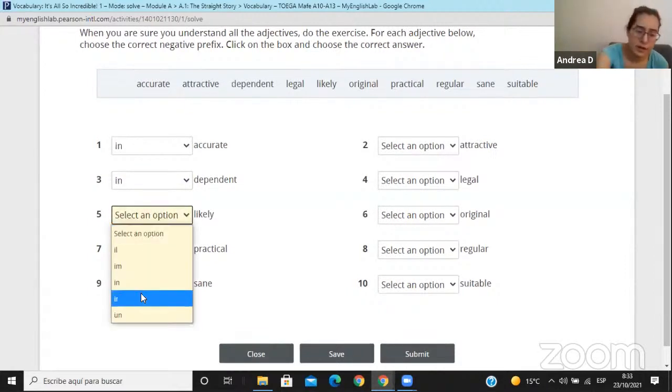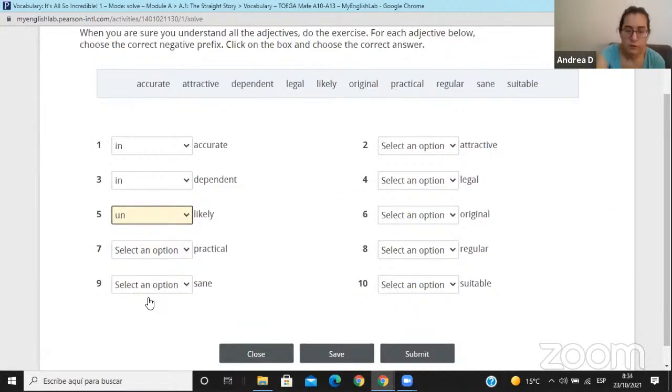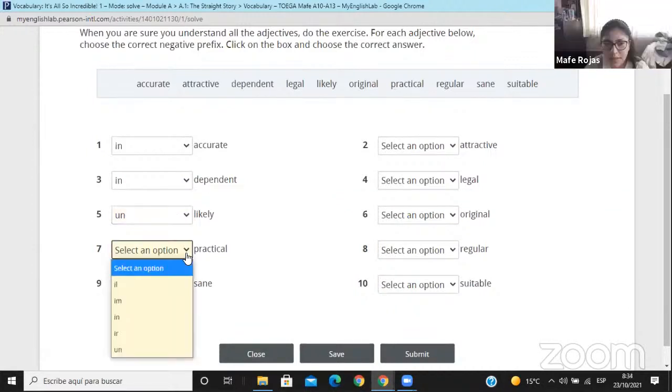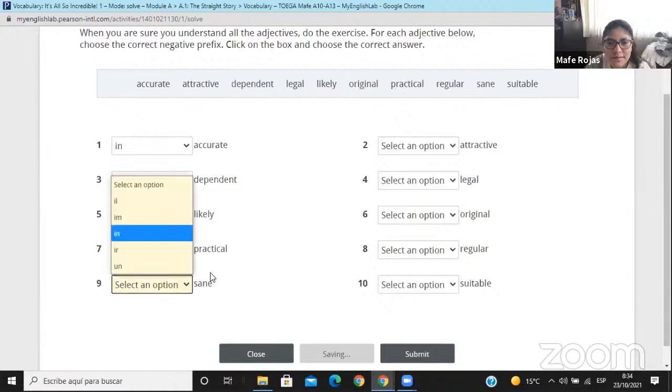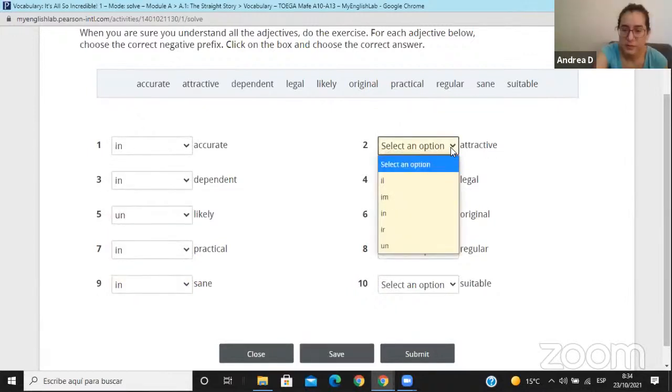Unlikely. Practical? Impractical. Sane? Insane.